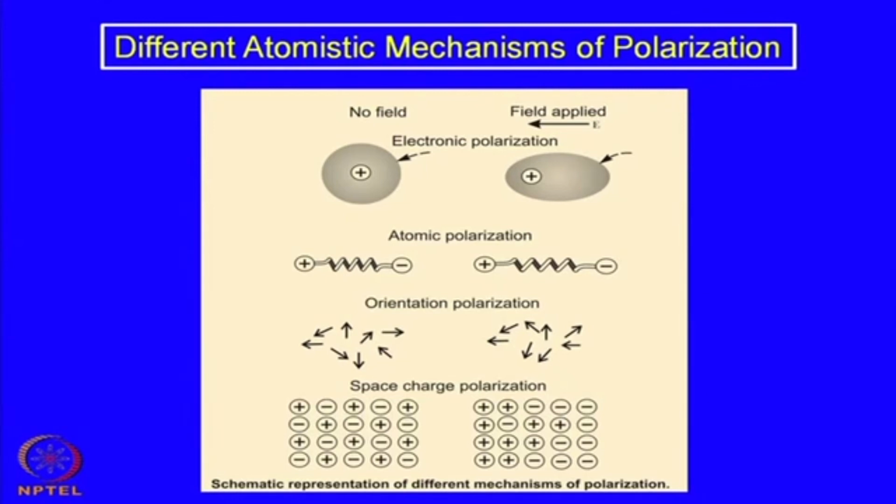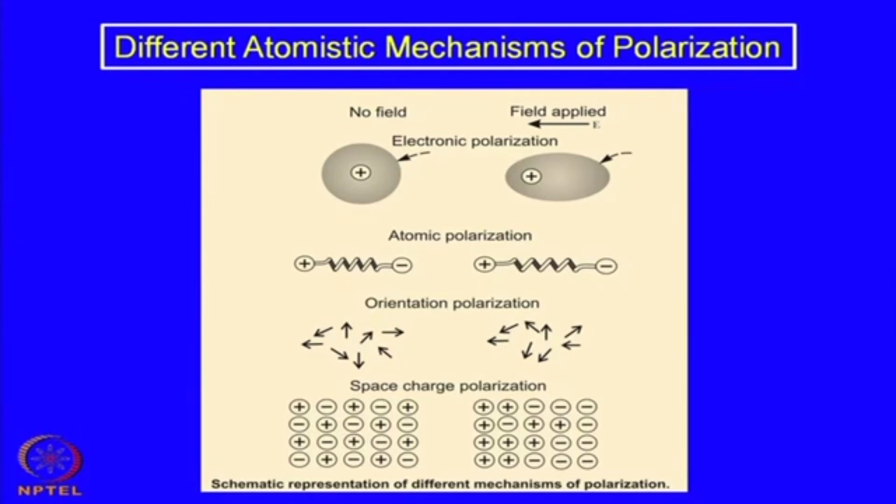Therefore, the electrical energy gets stored inside a capacitor or within a dielectric material. Now, there are different mechanisms by which these dipoles can be generated. Dipoles, as you can understand, are nothing but two charges, one positive and another negative, separated by a distance, and that separation has to be there.